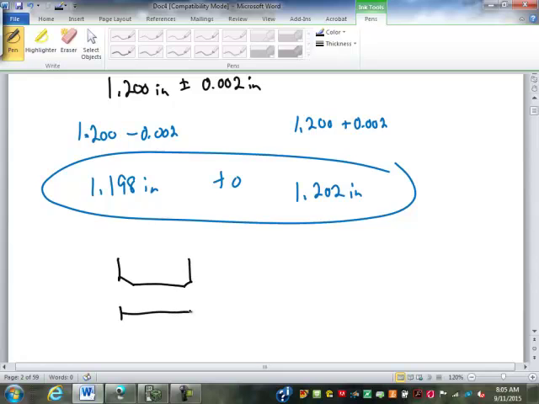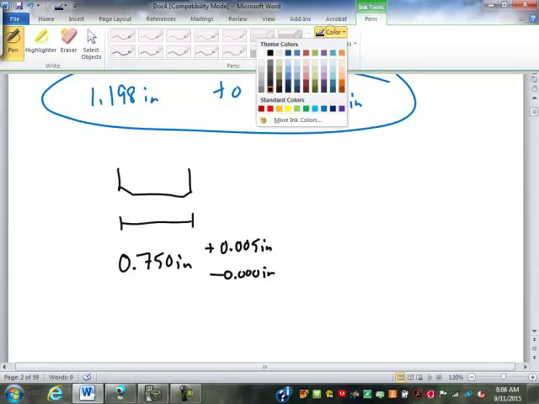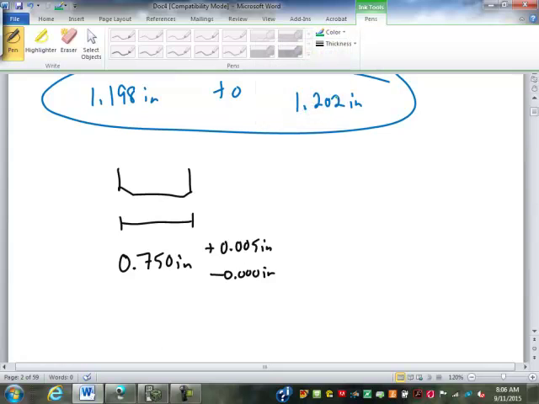And we talked about unilateral tolerances, where we have something like this. Of course, that means we can't be any smaller, but it can be larger.